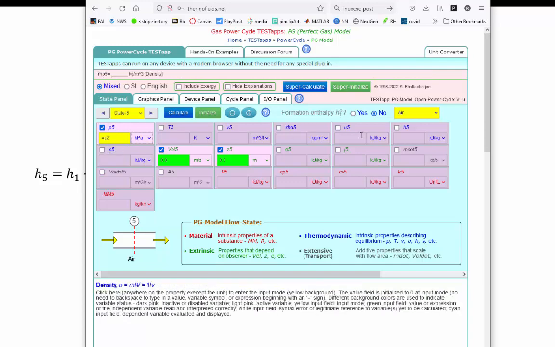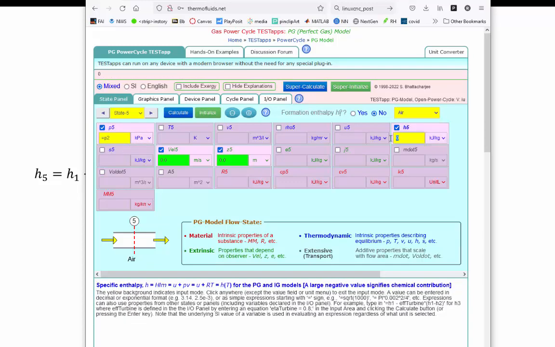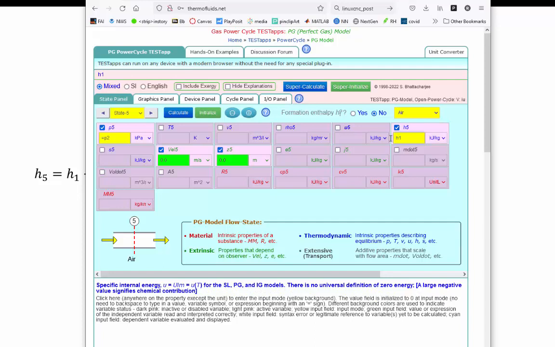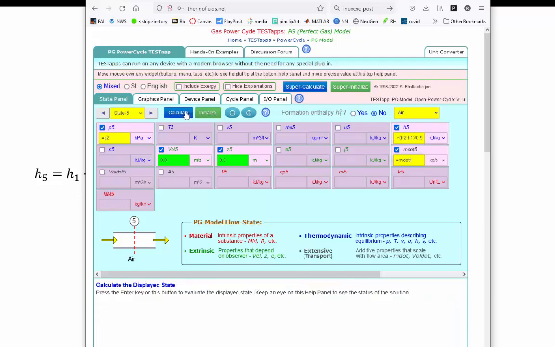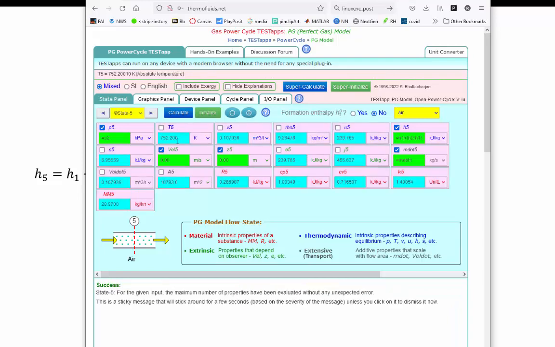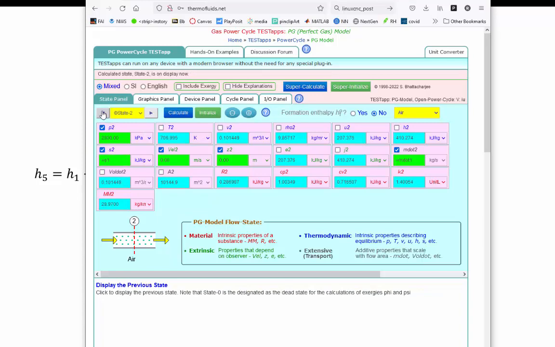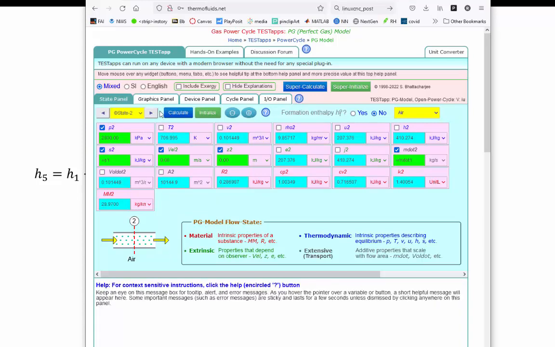But now instead of making it isentropic, we're going to define H5 from that equation I had before, which was H1 plus H2 minus H1 divided by 0.9. Keeping that mass flow rate constant, equal M.1. And let's check that. T5 is 752, and if it was isentropic, it was 706, so it sounds like it's right.